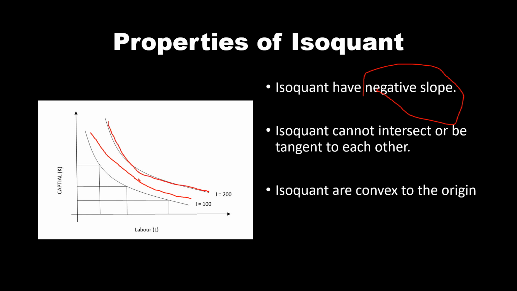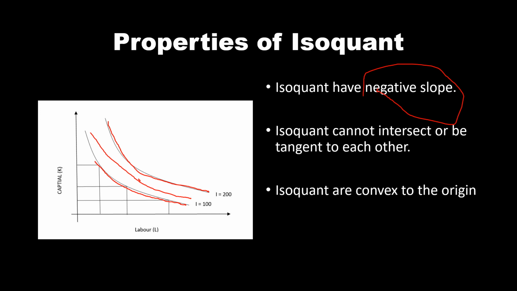That is, it becomes more difficult to substitute a certain amount of capital for labor as we move along this isoquant curve. As we move along, it becomes more difficult and hard to substitute capital for labor. That is what we have as convex to the origin.